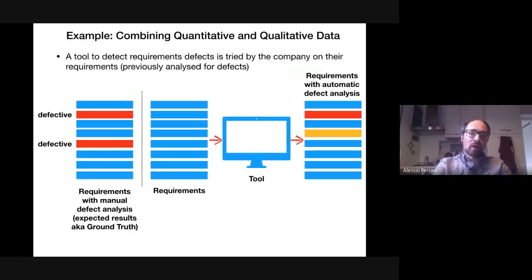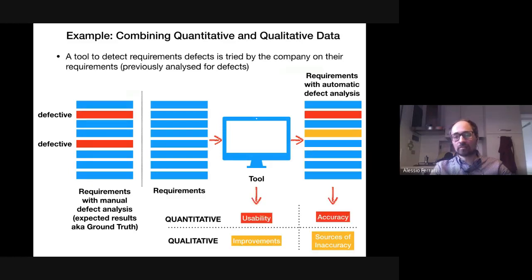So you get your requirements. In this case, of course, you don't give your tool any suggestions, so you don't give the marks, the tags as defective, not defective, and you have as output the requirements with the automatic defect analysis. So a classification between defective and not defective requirements. Some match with the ones of the ground truth, some others did not match. You want to perform an analysis in terms of usability and accuracy, and it should be quantitative and qualitative.